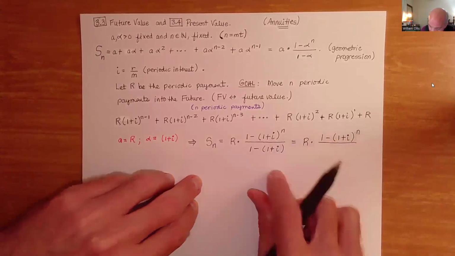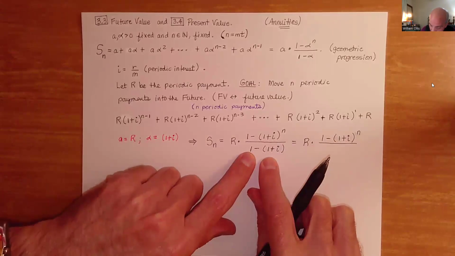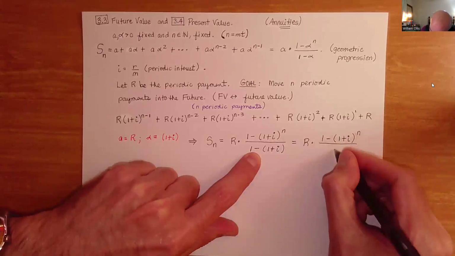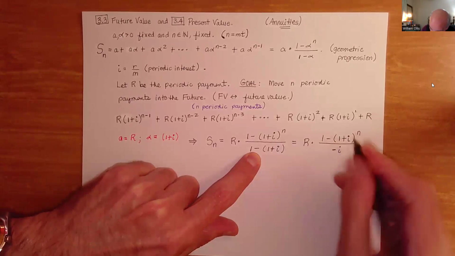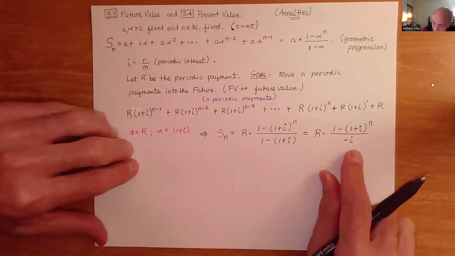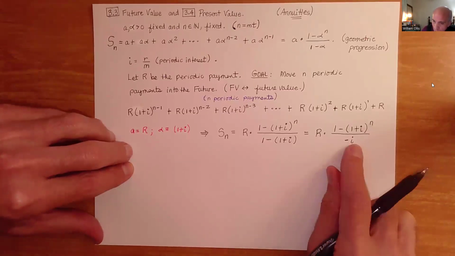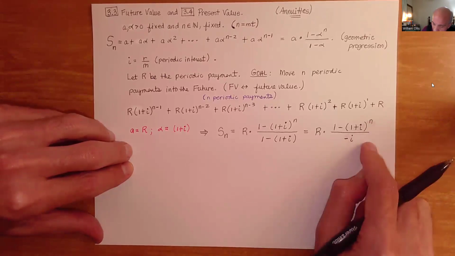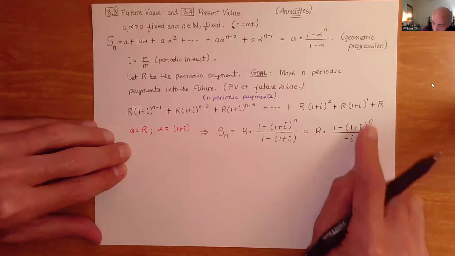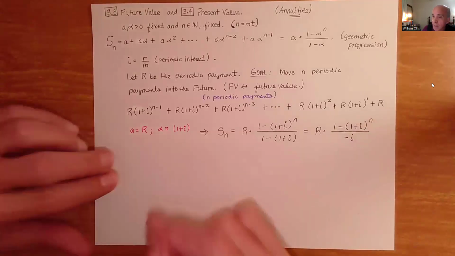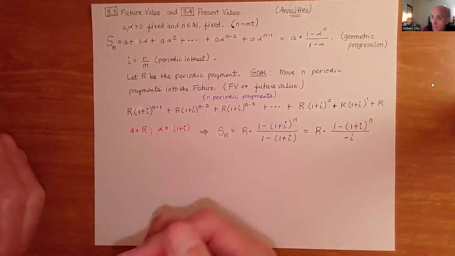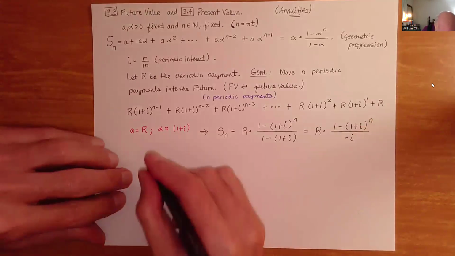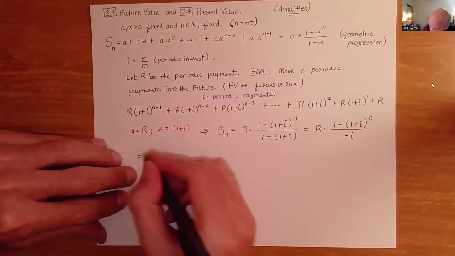And then, of course, what we see when we distribute the negative, the ones absorb and we have a negative I. Now, there's nothing wrong with this formula, but it's a little bit awkward with all the negatives. So what you can do is multiply the numerator and denominator by -1 to get rid of some of these negatives. Remember, the negative times the negative is the positive in the real number system.